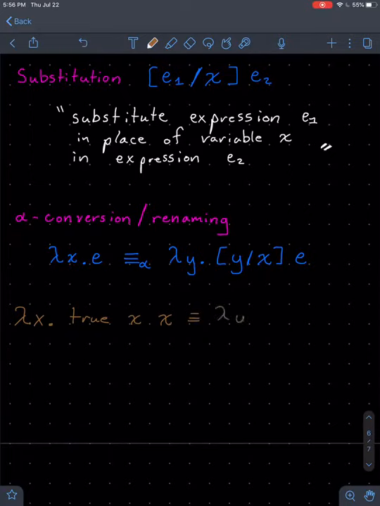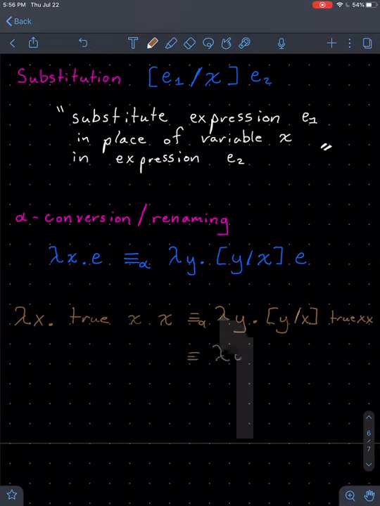I could have lambda y, where I sub in y for x in E. So here I have y in for x in true x x, which is of course lambda y dot true y. So it's just renaming, but it's giving a formal way of doing that. This seems like it's not useful, but take my word for it, in certain circumstances you may want to do this.